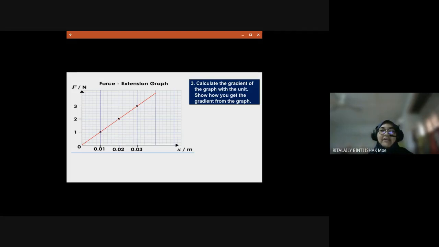Do not go fewer. If fewer, you will lose marks in your procedure, and you will lose marks in your graph.